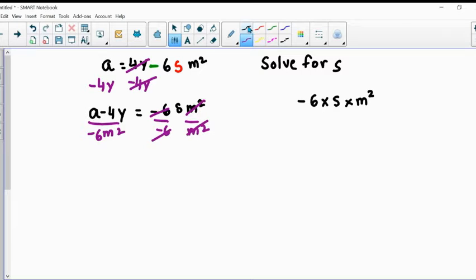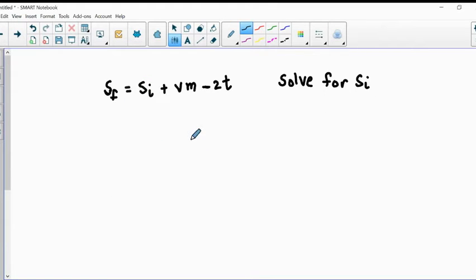So my answer is going to be s equals a minus 4y over minus 6m square. Okay. Next question, SF equals SI plus VM minus 2t.